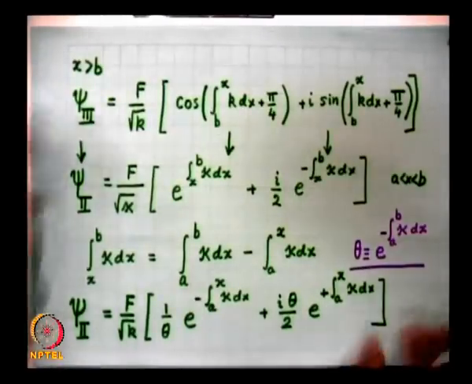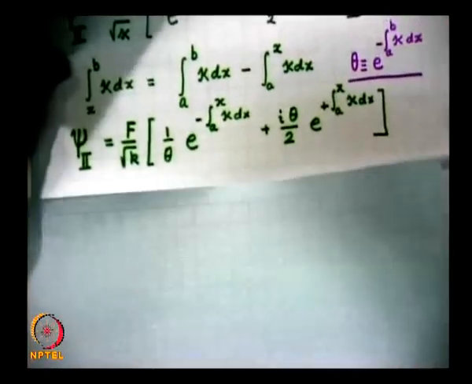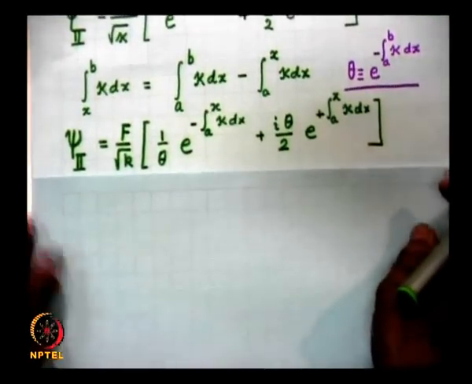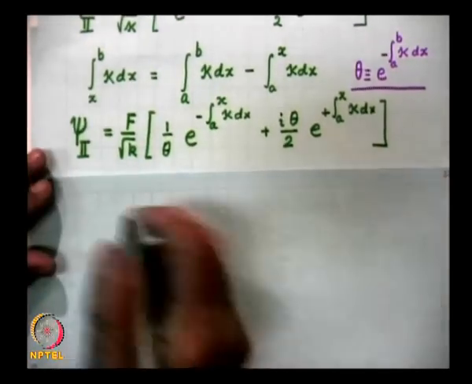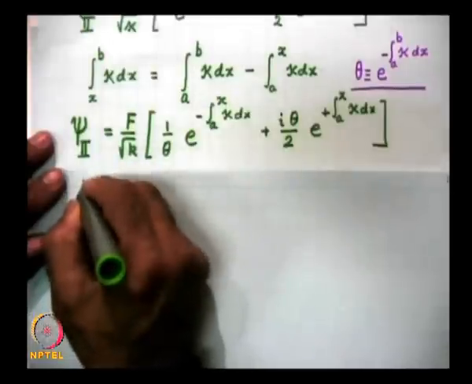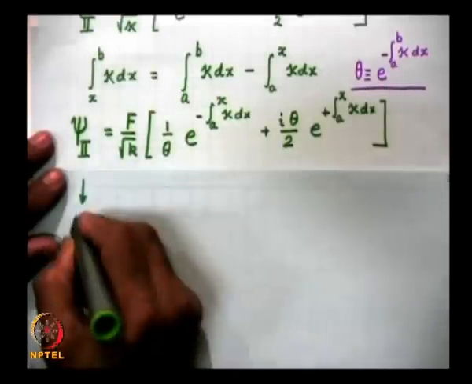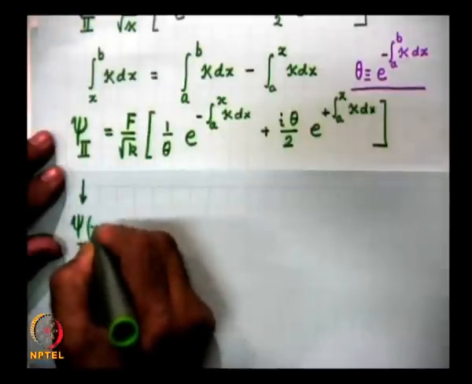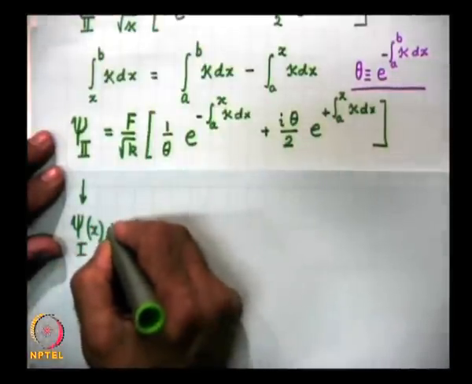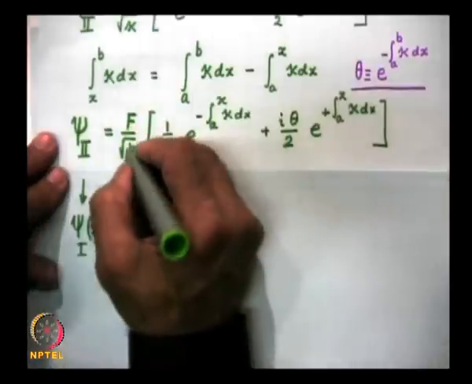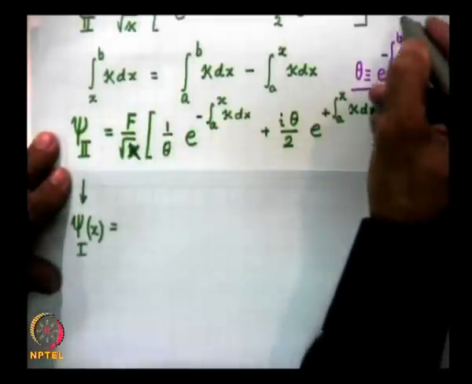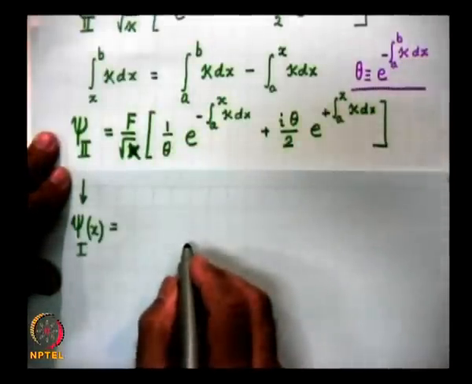So, now we will use once again the connection formulae to go over to region 1. We just have to do this patiently. This is the WKB solution psi 1 of x using the connection formulae. I am sorry, this should be kappa, because in this region k square is negative.